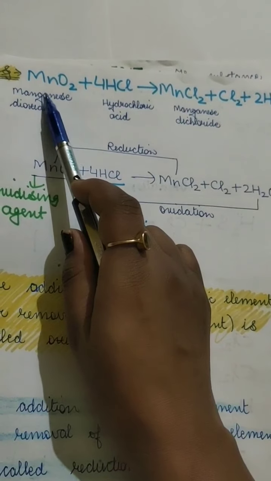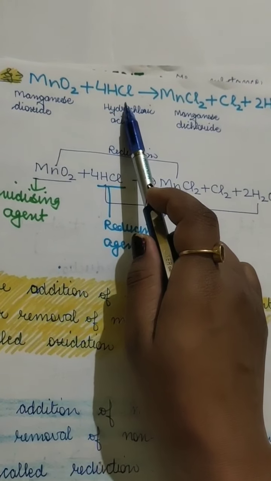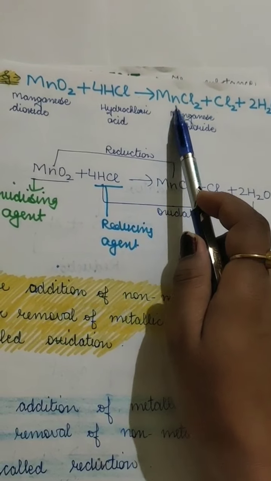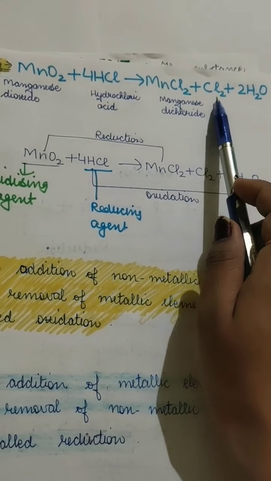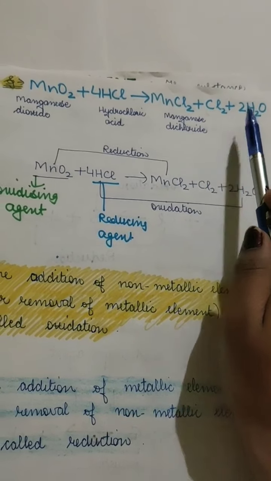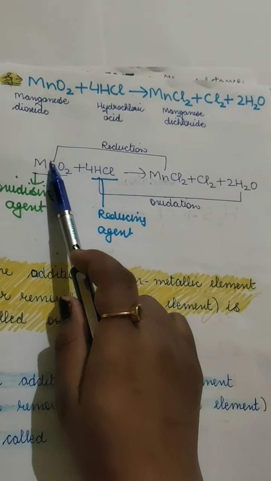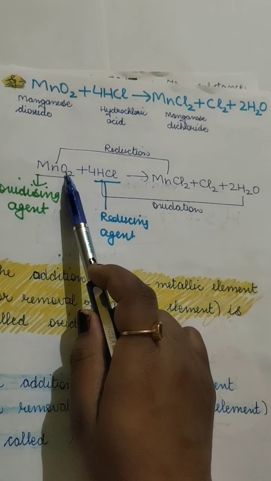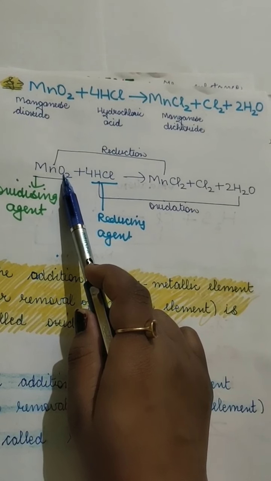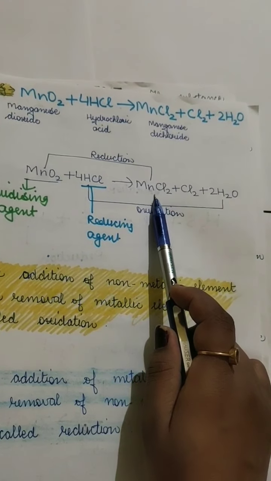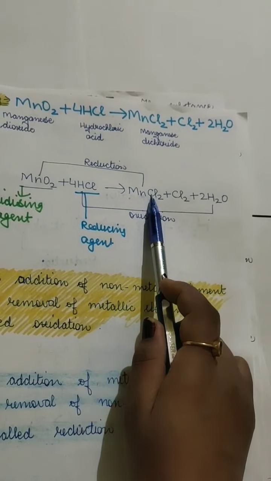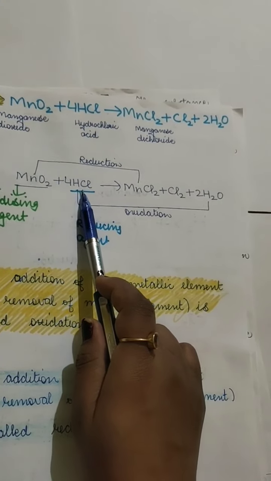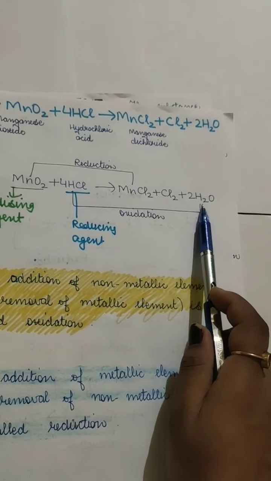So when manganese dioxide reacts with hydrochloric acid, then MnCl2, that is manganese dichloride, is formed along with chlorine and water. So here this MnO2 is getting reduced because oxygen is getting removed from this, turning it into MnCl2, manganese dichloride. So here it is reduction, and in the case of HCl, this HCl is converting into water.